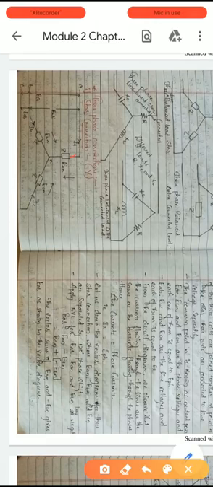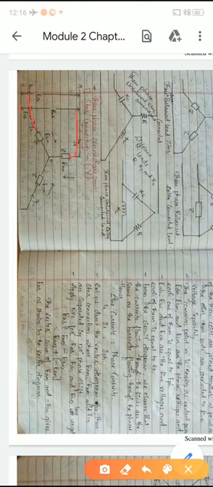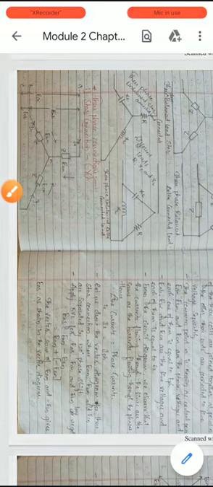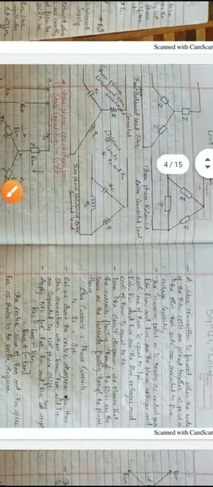Each end of the load is connected to a different line voltage and all the remaining ends are connected to a common point called N, which we are going to call the neutral point.